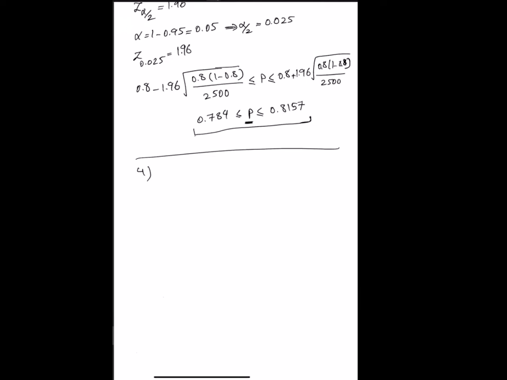A new method had a success rate in removing kidney stones of 289 out of 350 patients. Construct a 95% lower confidence interval for the proportion of the patients with kidney stones successfully removed using this method.